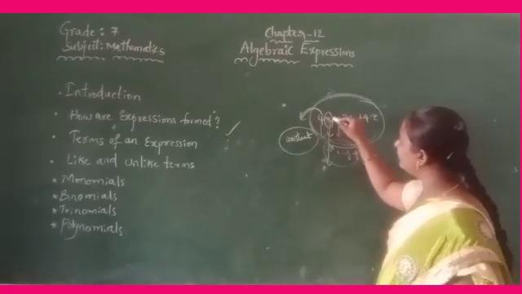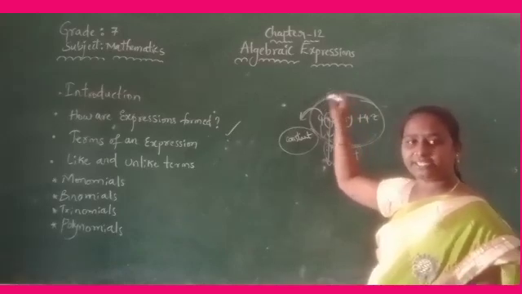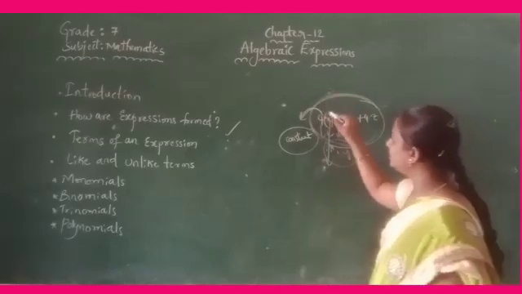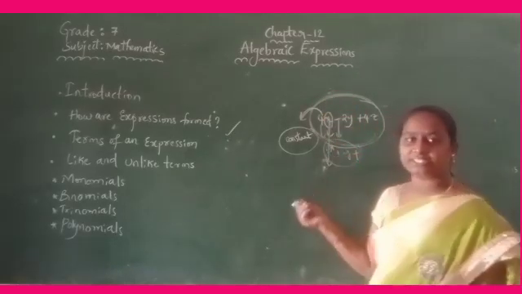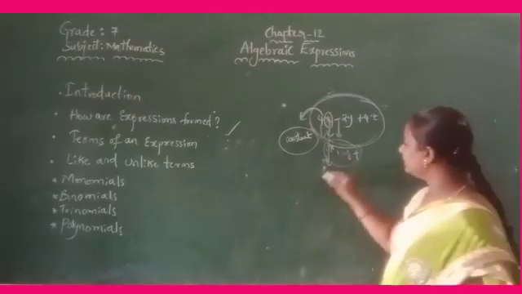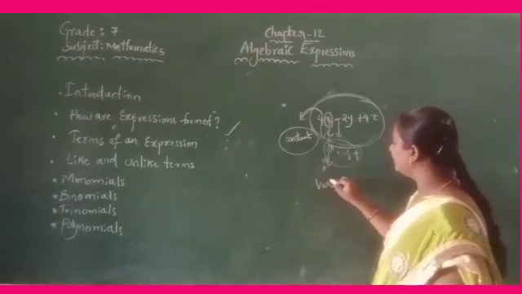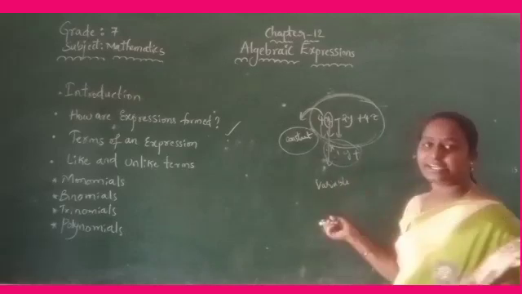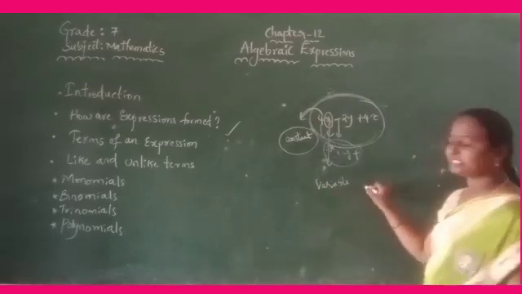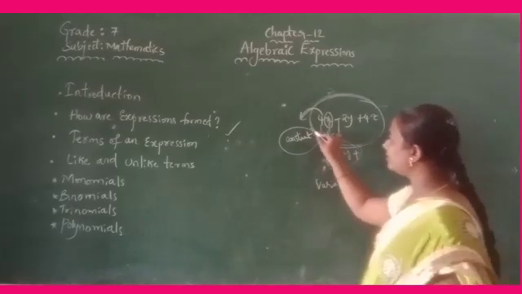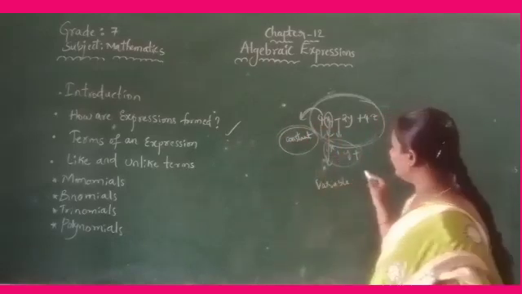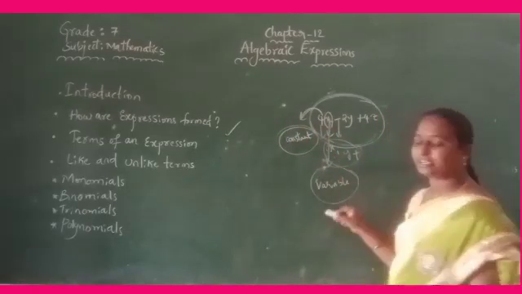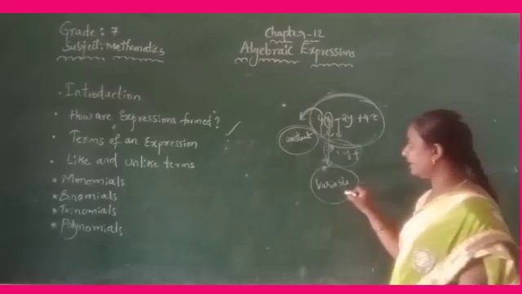We can take y, z, any letter. Its value changes, so this is called a variable. Variable means it varies all the time; the value is not fixed. Fixed values are called constants, and a symbol having various numerical values is called a variable.